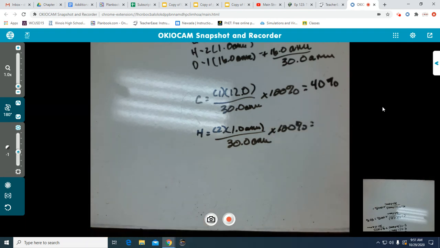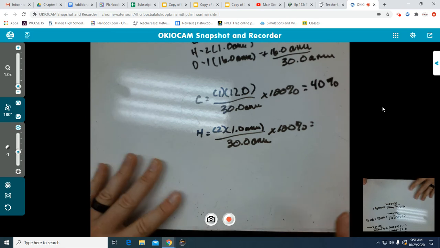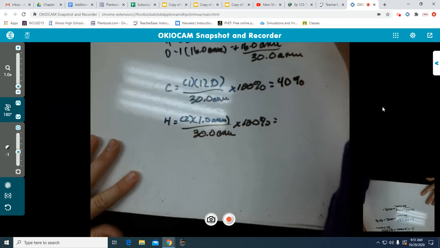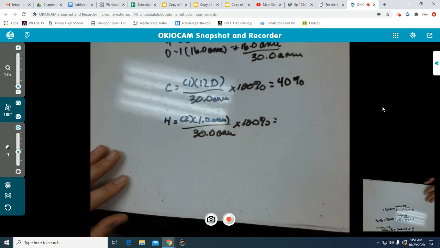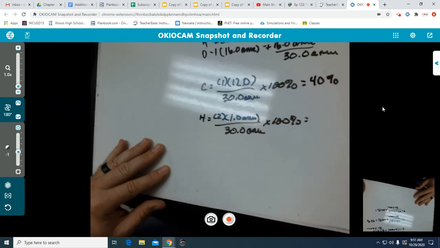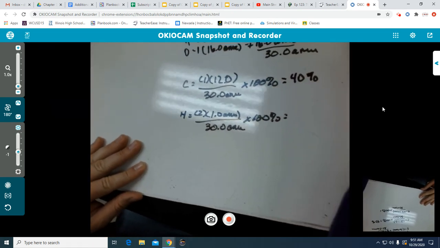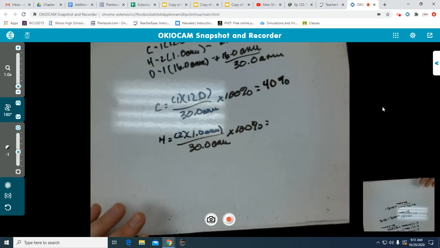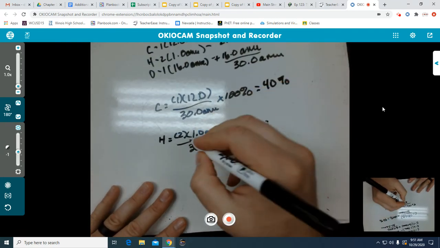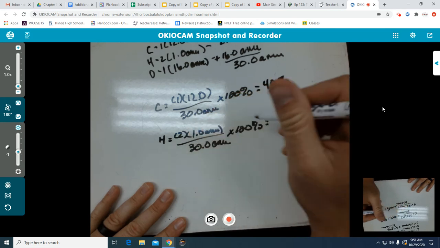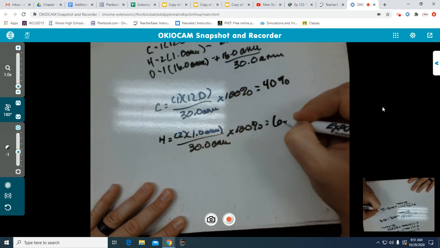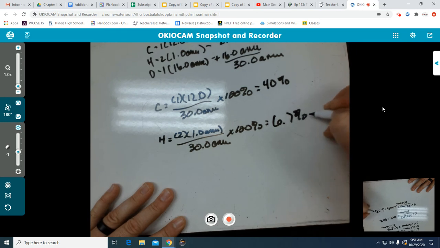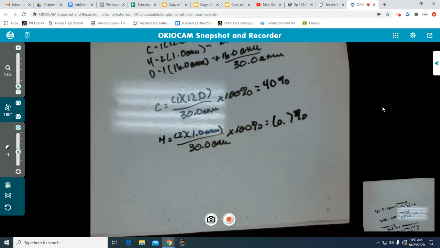Anytime you want, pause the video so that you can check your calculations yourself. So 2 times 1 divided by 30 times 100, you should get approximately 6.7%. Now, you'll probably have kind of a run-on number there. Just round it, okay? Make it 1 decimal point and round it.